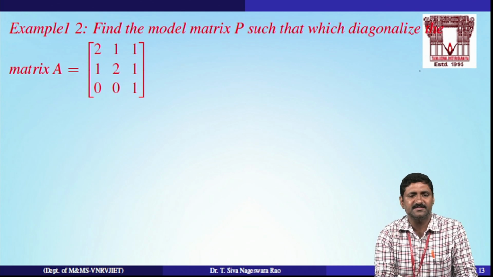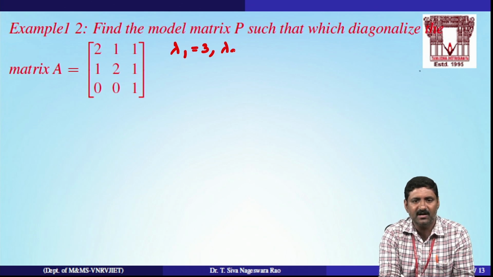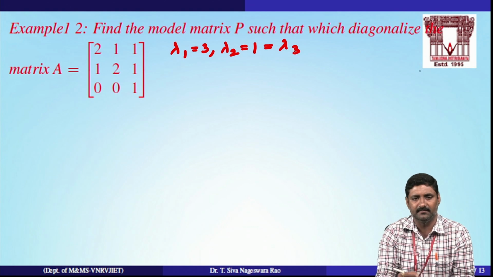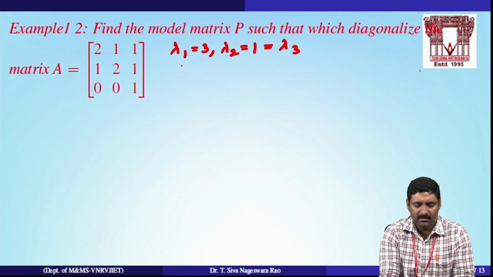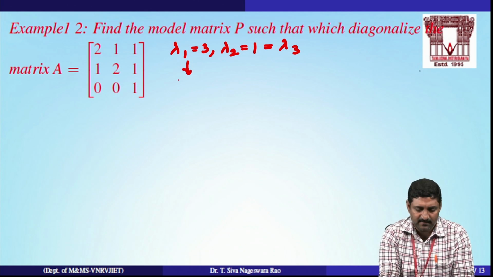Now, corresponding to this matrix, the eigenvalues are lambda 1 is equal to 3, lambda 2 is equal to 1 is equal to lambda 3. Corresponding to lambda 1 equal to 3, the eigenvector is 1, 1, 0.